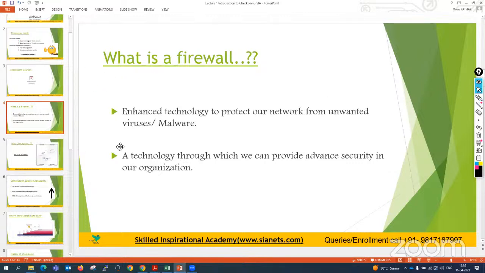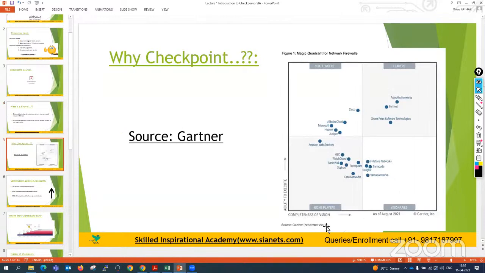All right, so this is the 2021 report. If you have doubts about why we should prefer Checkpoint, or whether we should go for Checkpoint or not: in the leaders section, we have 3 companies, Palo Alto, Fortinet and Checkpoint.